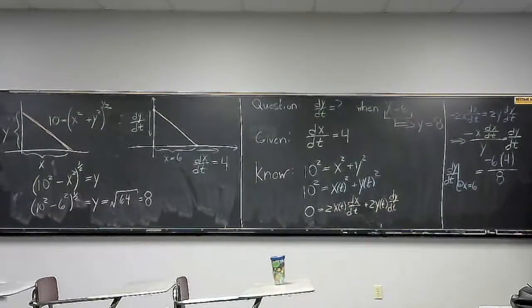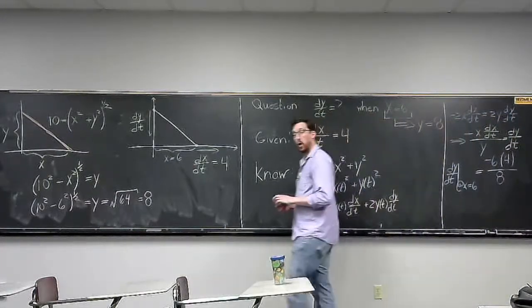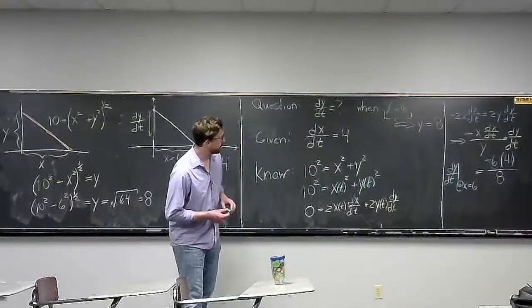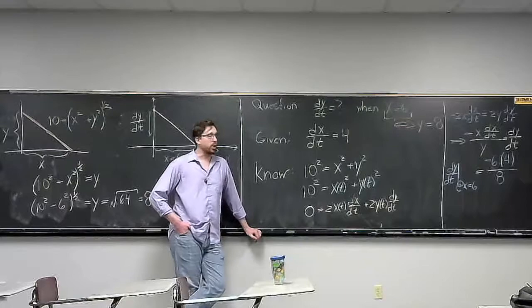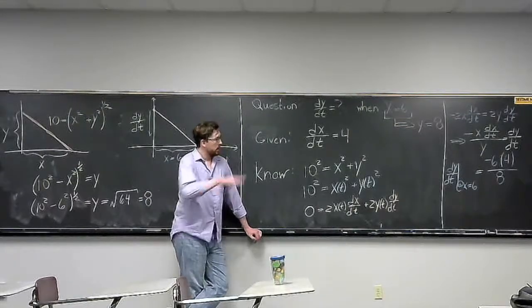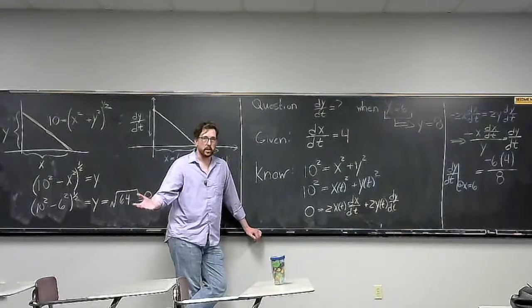From here, we could do all the algebra to find that dy/dt is equal to 3, I believe. You can check, or negative 3, I mean. You can double check my work, but that is how we would go about it. Now it's just a matter of reducing that fraction, right?